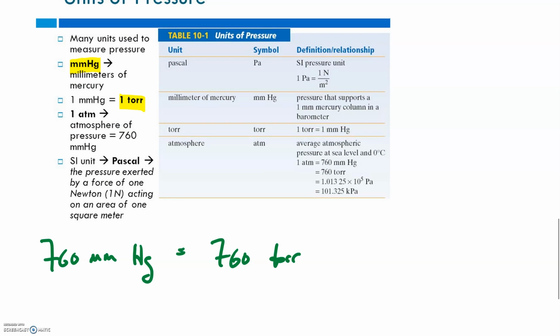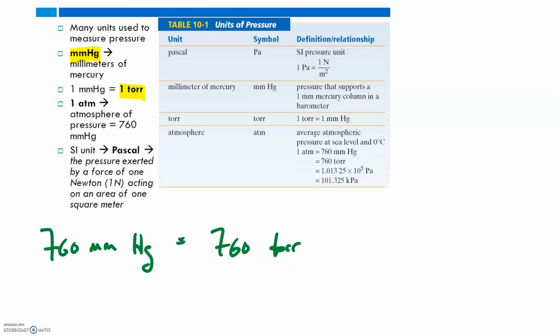We'll say that because this occurs under standard sea level air pressure conditions, that 760 millimeters of mercury is equivalent to 1 atmosphere. That's this guy right here. You can see it, 1 atmosphere is equivalent to 760 millimeters of mercury.